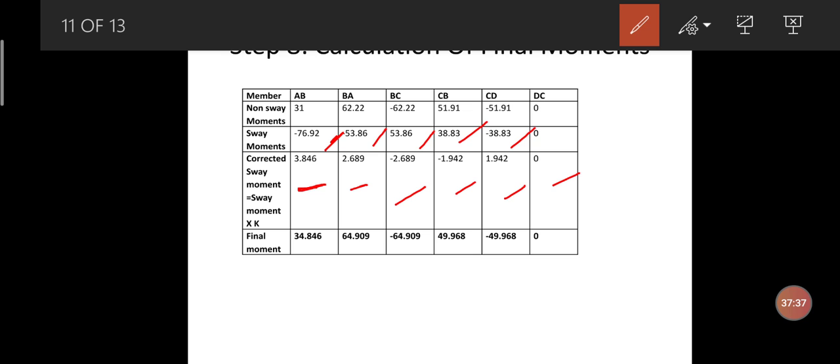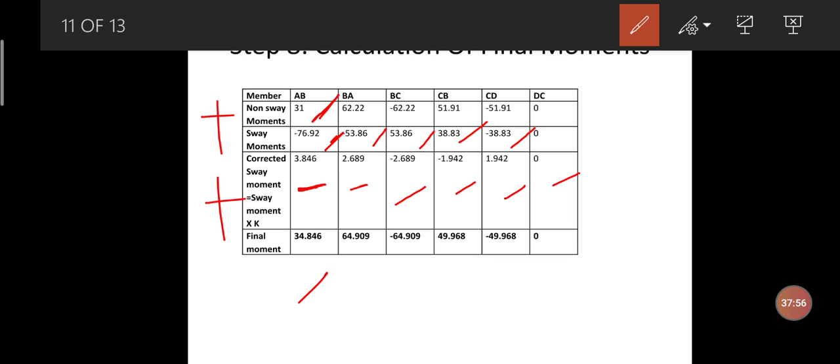So after getting the corrected sway moments, I will get the final moments by adding the non-sway moments plus the corrected sway moments. So 31 plus 3.846, I have got it as 34.846.